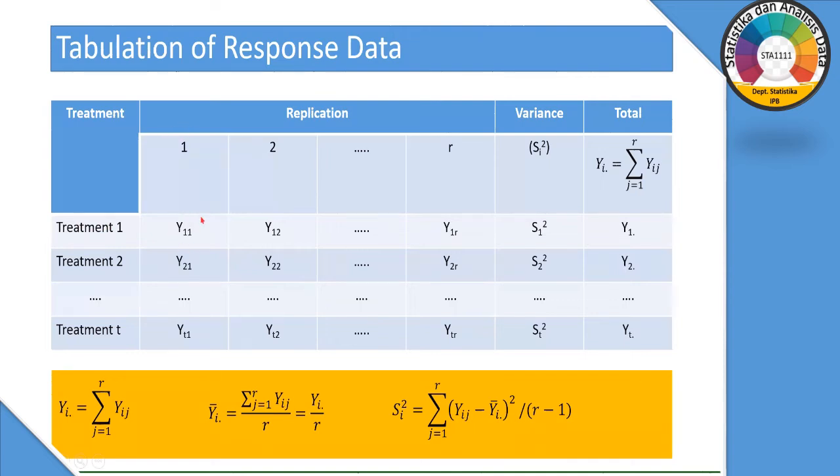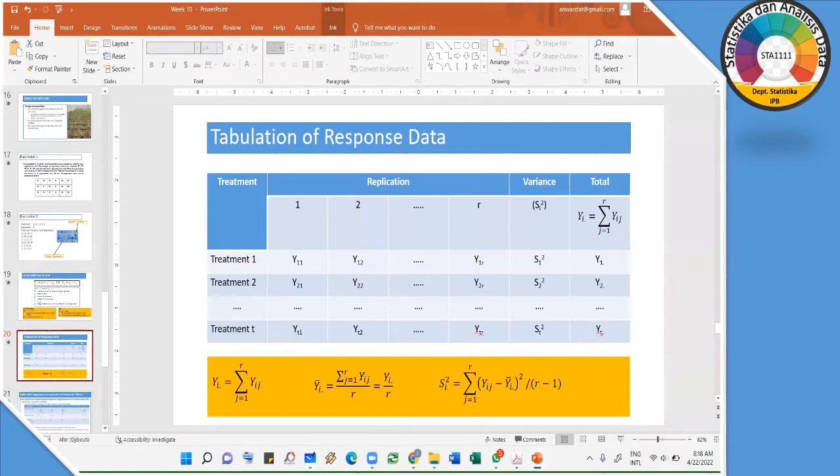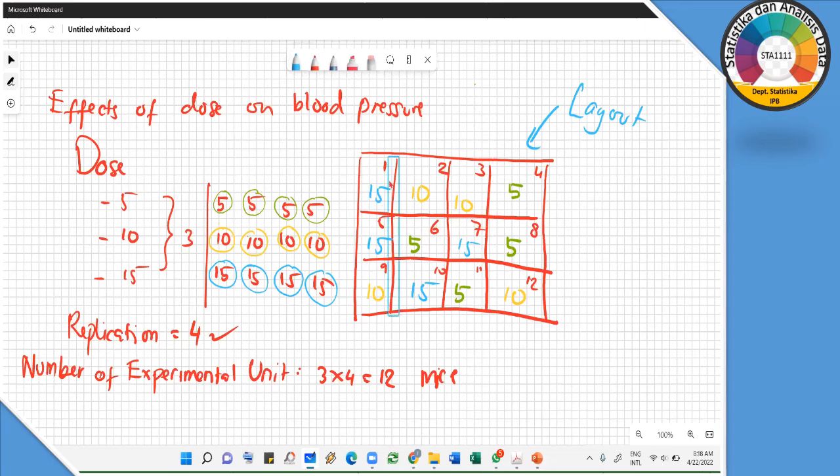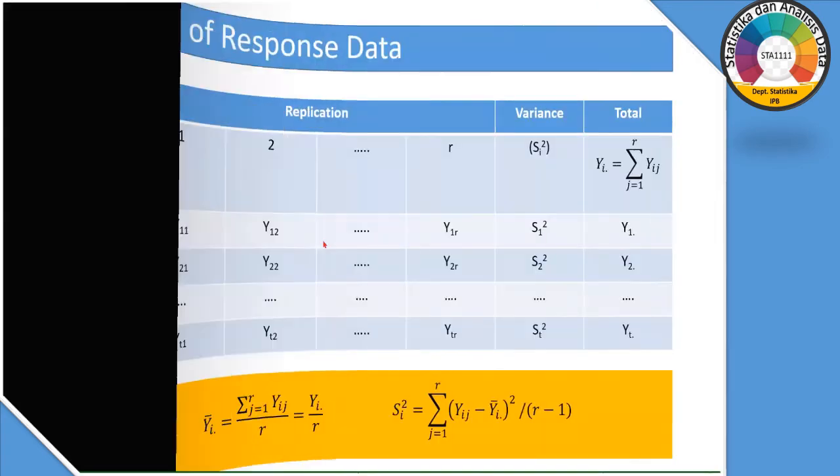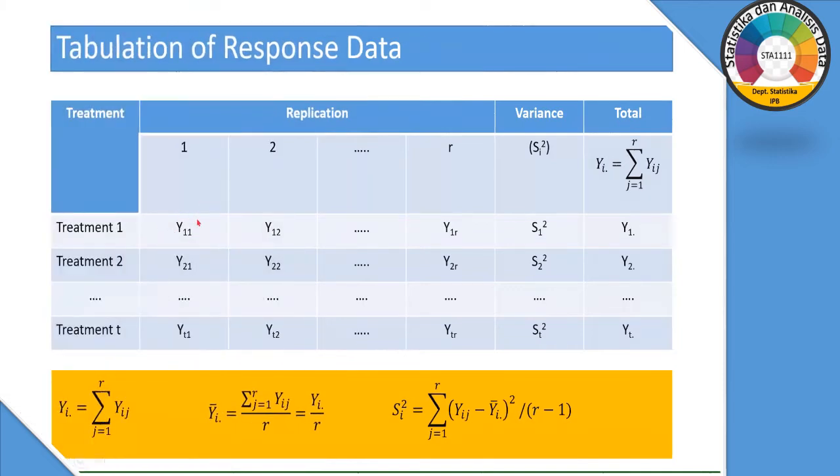So in our previous whiteboard, let's say this is the first replication of dose 5. So you will have a measurement here. A mouse, you apply dose of 5 and then you measure the blood pressure, right? So this is the response variable. Here is the blood pressure you obtain from a mouse.